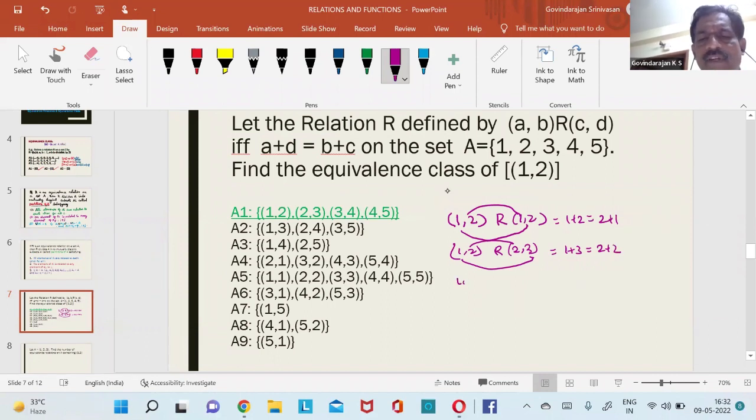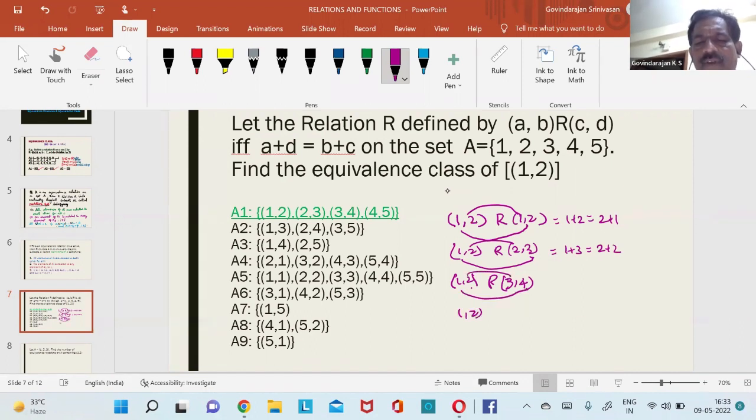And (1, 2) is related to (3, 4), because 1 plus 4 is equal to 2 plus 3.